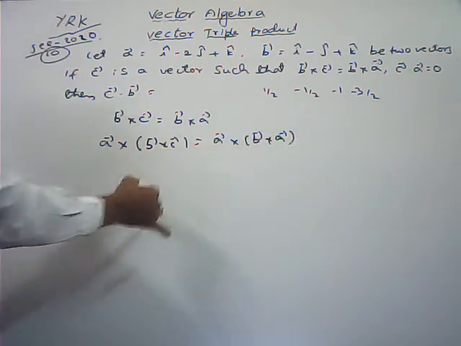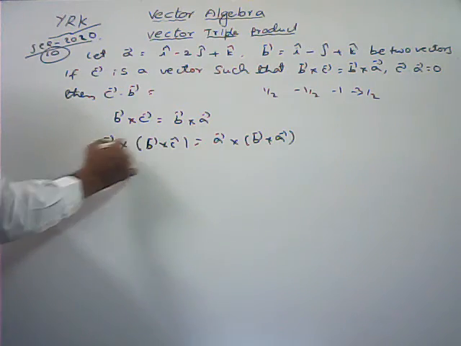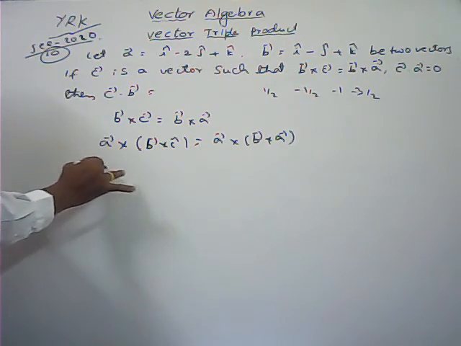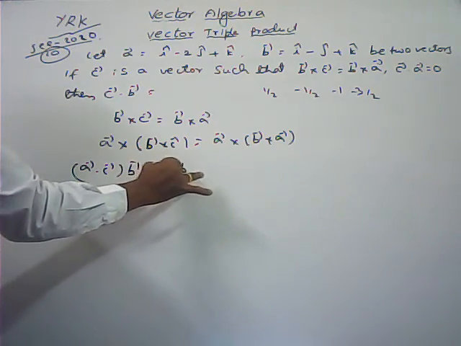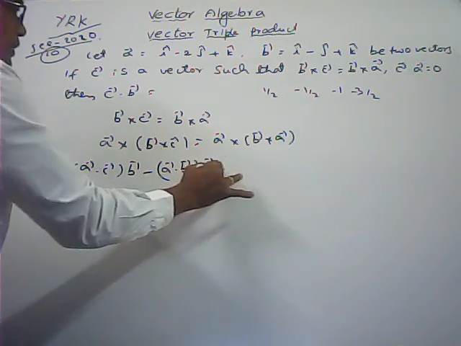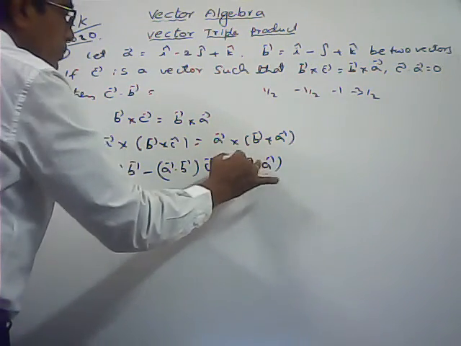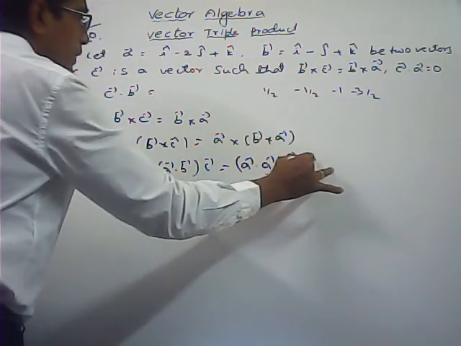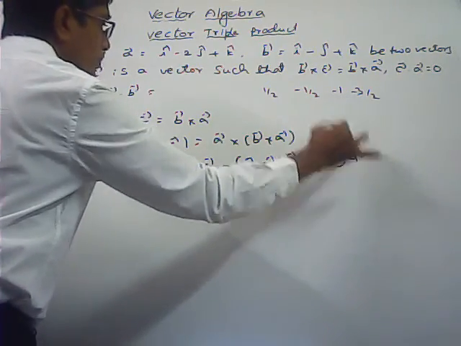Why are we taking this? After writing one or two steps you can get the idea also. Now see how to expand this one: A bar dot C bar into B bar minus A bar dot B bar into C bar, that is equal to A bar dot A bar into B bar minus A bar dot B bar into A bar.